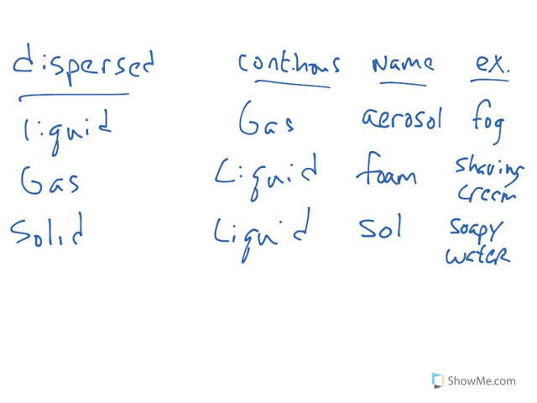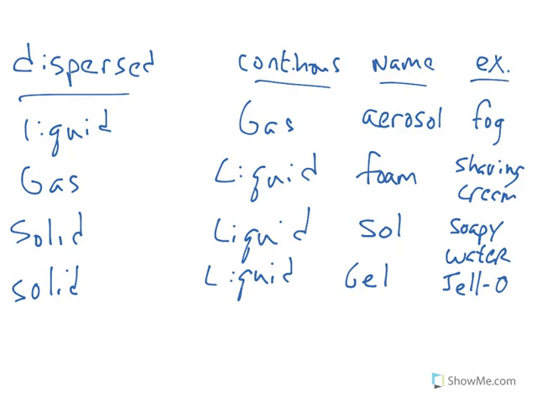And finally, one of the more fun ones is when you have a solid dispersed in a liquid as well, but if the particle sizes are just right, you get something called a gel, and Jello is an example of that. So that's just to give you an idea of what some of these colloids are like.